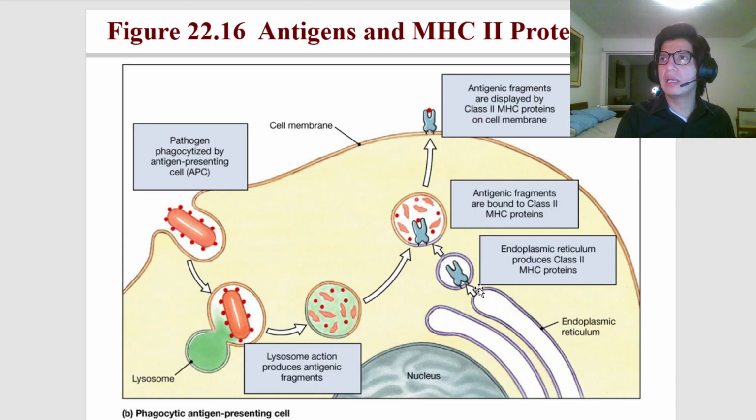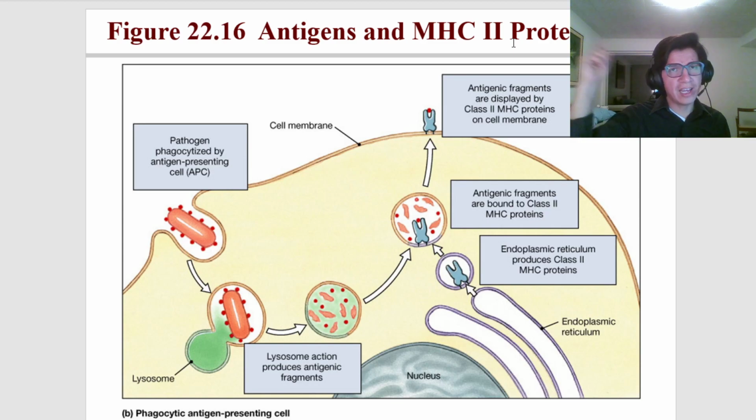On the other hand, if an antigen presenting cell happens to come across COVID-19, it digests it, and then it breaks it down, recognizes it as a foreign substance, and presents it on its surface through major histocompatibility complex glycoproteins class 2.